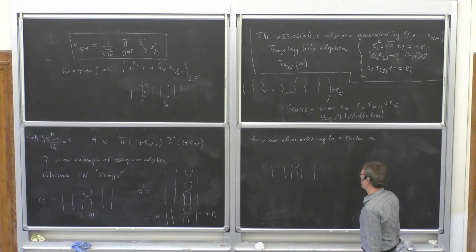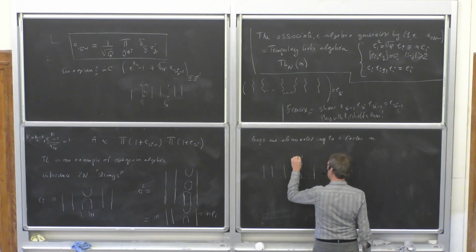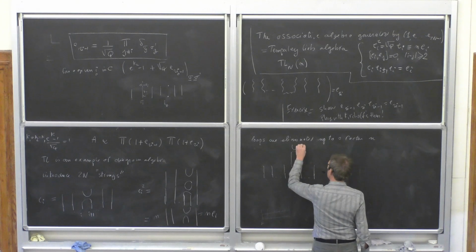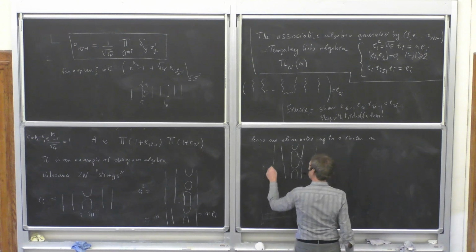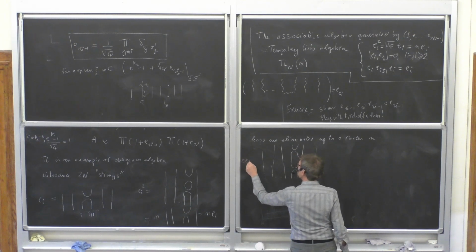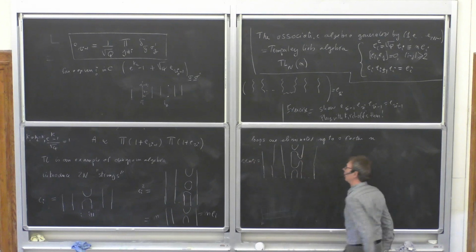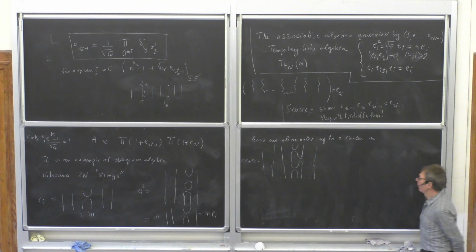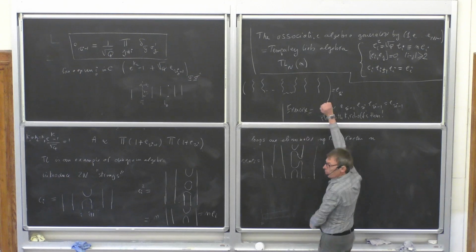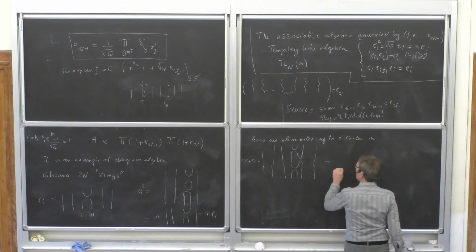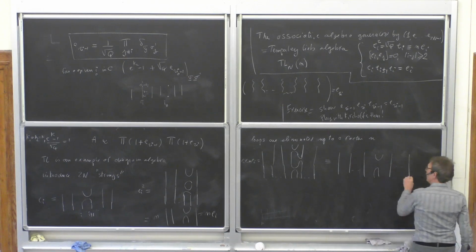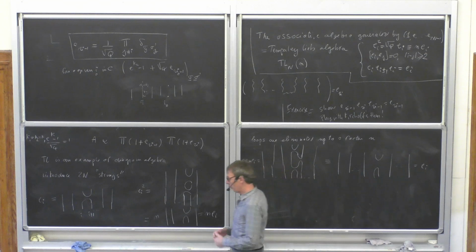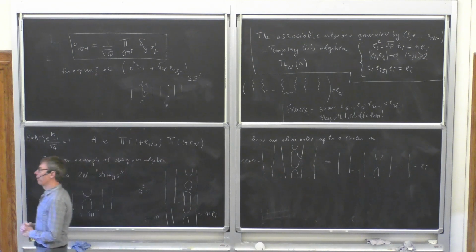Then I must act with EI plus 1. And then I must act with EI again. So this is EI plus 1 EI. And by isotopy, what I can do is just pull these guys, and that's the same as EI. Okay. So the action on these diagrams provides a representation of the algebra.